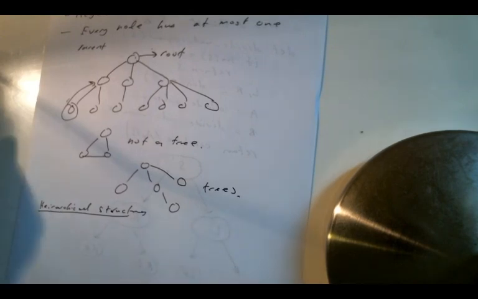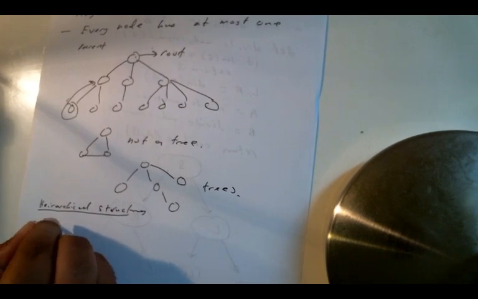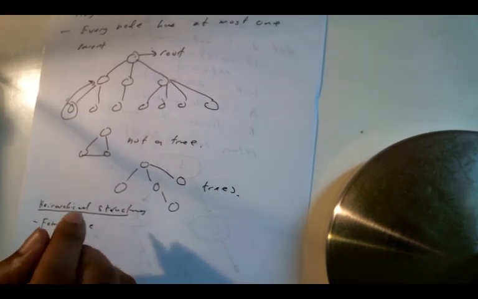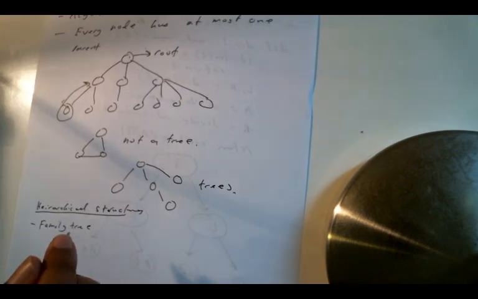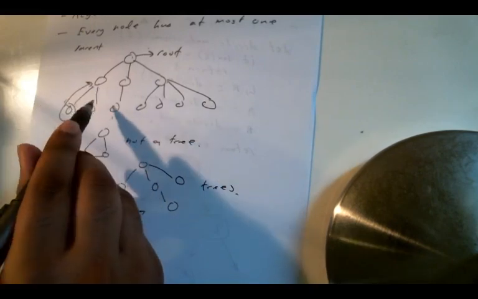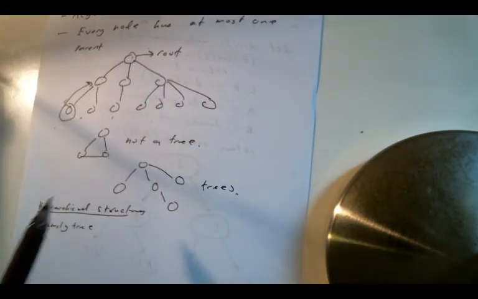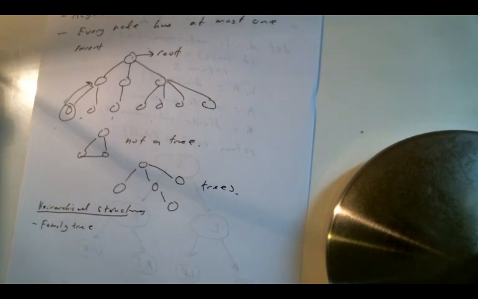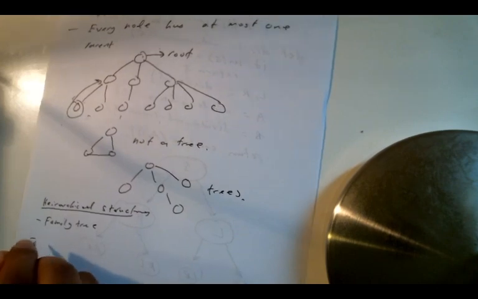And the most famous of these is essentially your family tree, which looks kind of similar to this in that you have children at the bottom, parents at the top, and you map out the entire line of your ancestors and descendants that way. Okay, that's one application of a tree. Another application of a tree might be company organization.